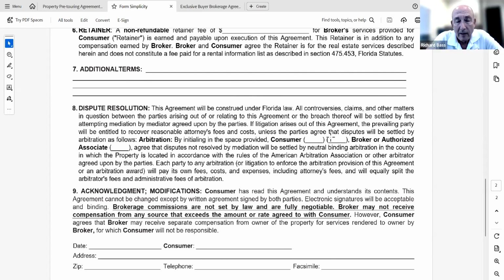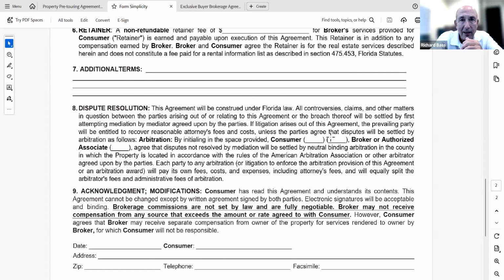Absolutely, Lee. Yeah. This is all of these, with the exception of the property pre-touring agreement, which to me you should never use. This one and then the exclusive buyer brokerage, which we're going to go to next, are what's creating relationships between you and your client.